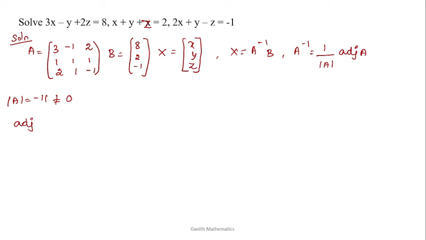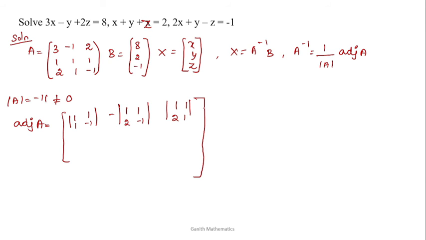So adjoint of A is nothing but I have to find the cofactor matrix of each element. Suppose this is my first element, then the minor will be determinant of 1 1, 1 minus 1, right? Minus determinant of 1 1, 2 minus 1. Then determinant of 1 1, 2 1.